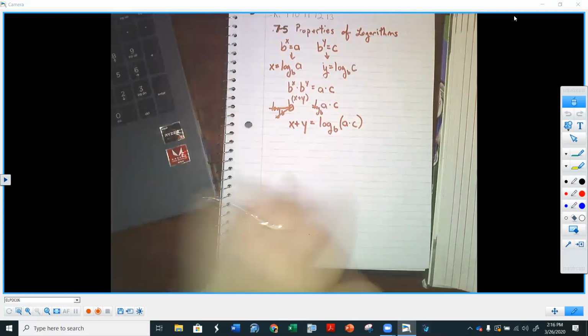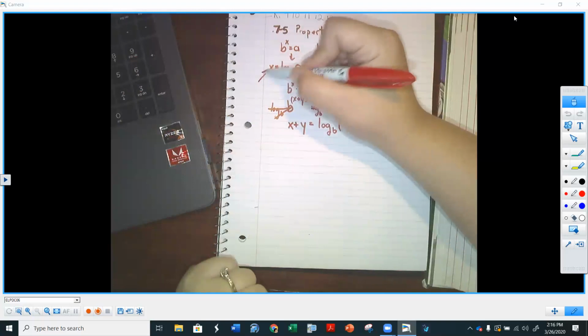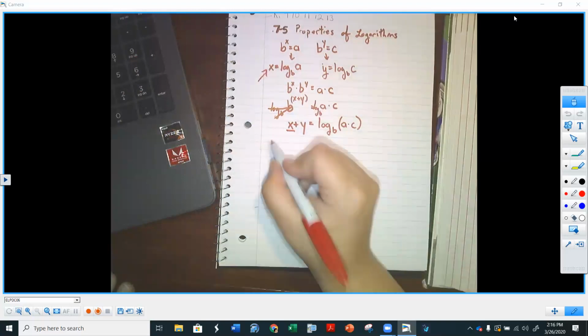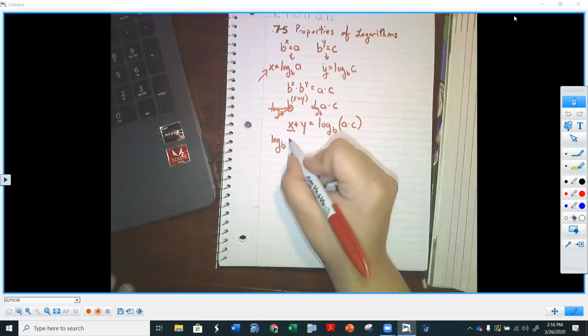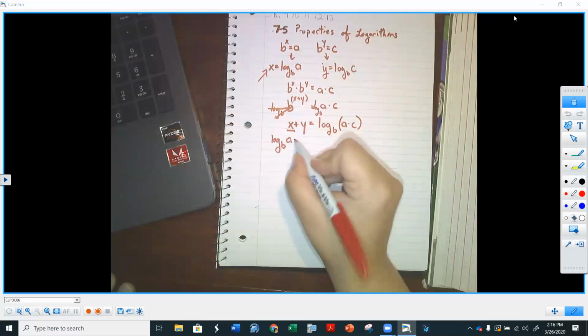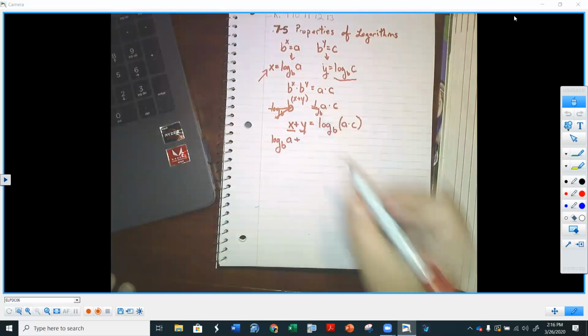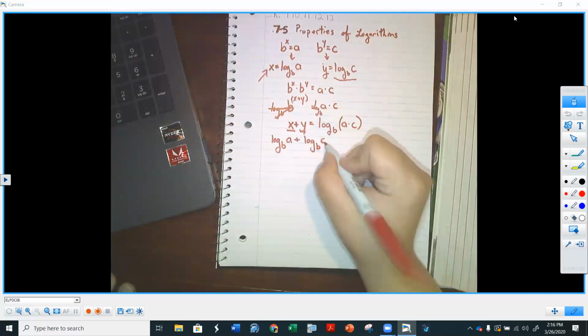Okay, but remember that we already wrote an equation for what x equals. Okay, so x, we're going to replace this x right here with log base b of a. Plus, we're going to replace this y right here with log base b of c.